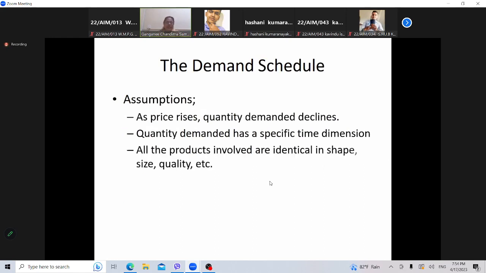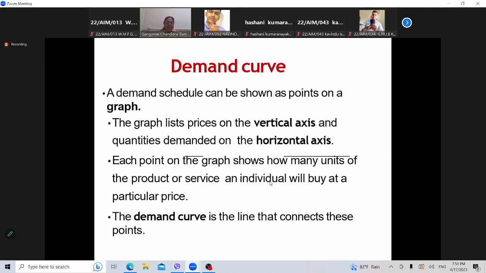you can clearly identify what is the vertical axis and what is the horizontal axis. Vertical axis means X or Y?